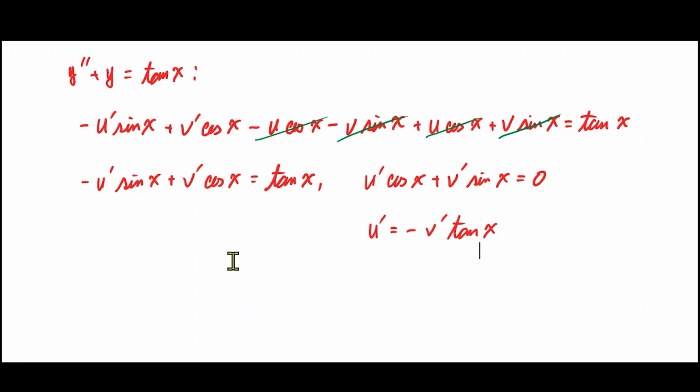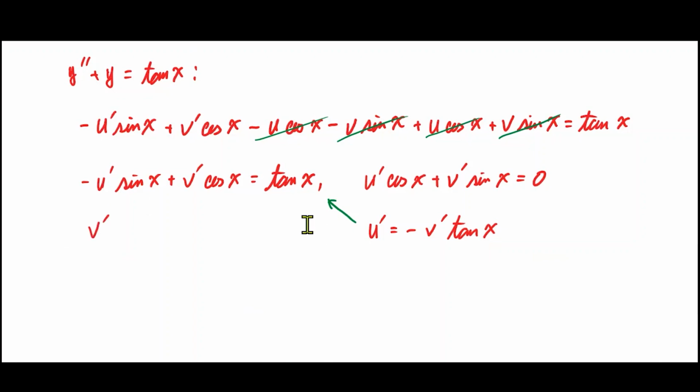Okay. Then we're going to substitute this into that equation. So wherever I see u prime, I'm going to put negative v prime tangent x. Let's see what we get. So here, u prime negative v prime, so this becomes positive v prime now, right?